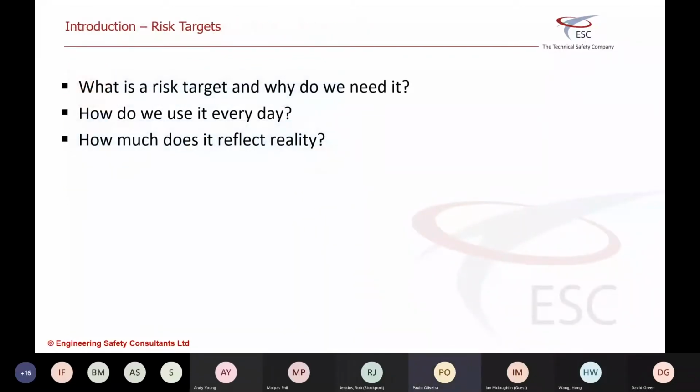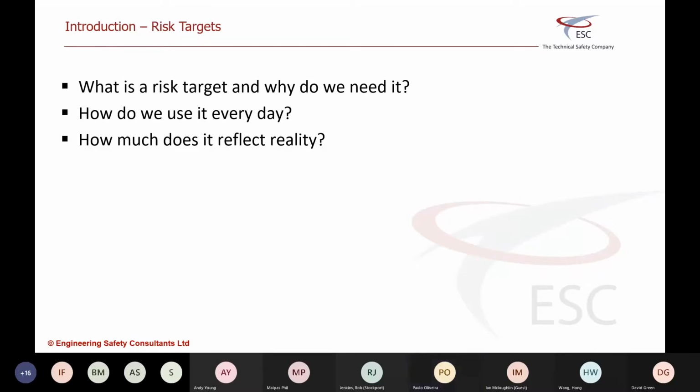Right, so hopefully the majority of you in your day-to-day job, in one way or another, will come across risk targets. You'll be told that there are certain acceptable levels of risk with tasks, activities, even systems you have on site, and those risk targets are there to give you guidance on what's acceptable and what's not.